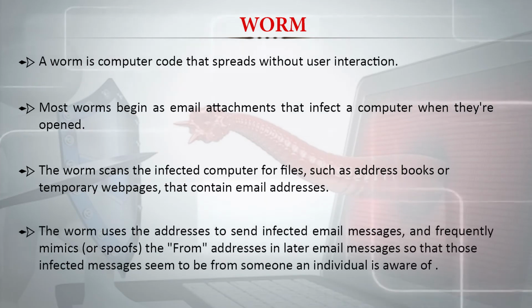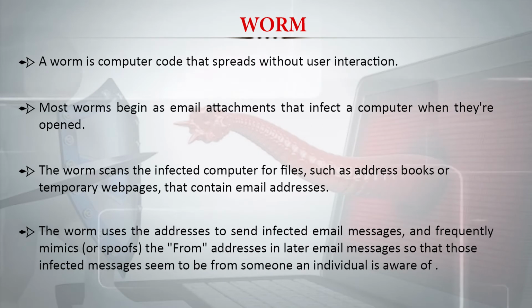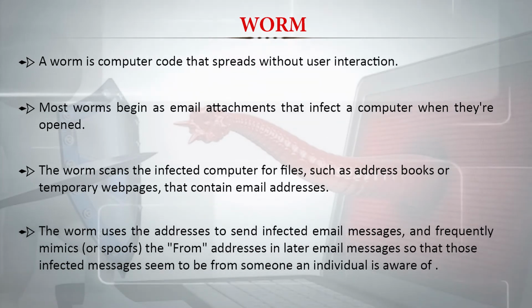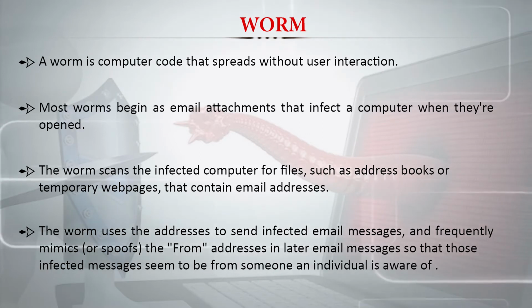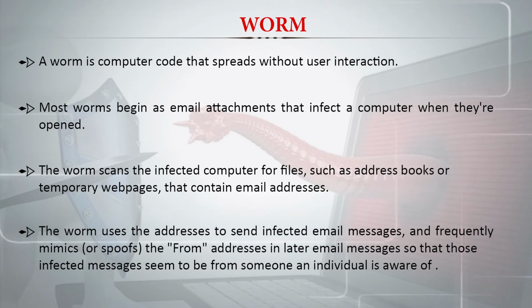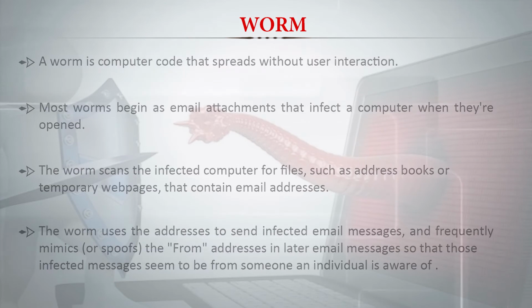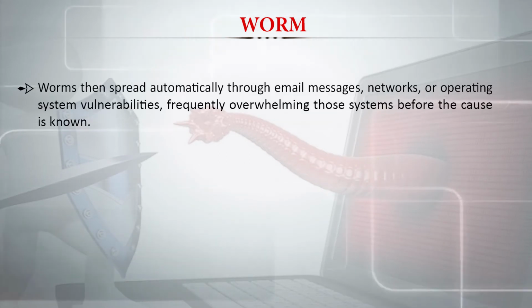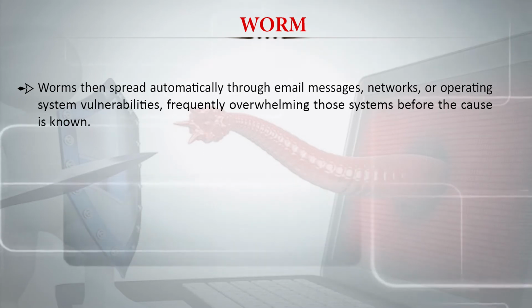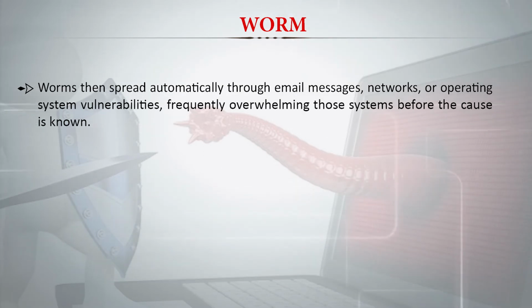The worm uses the addresses to send infected email messages and frequently mimics or spoofs the from address in later email messages so that these infected messages seem to be from someone the individual is aware of. Worms then spread automatically through email messages, networks or operating system vulnerabilities, frequently overwhelming those systems before the cause is known.